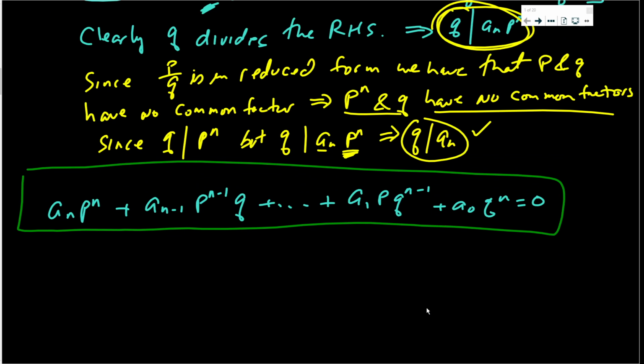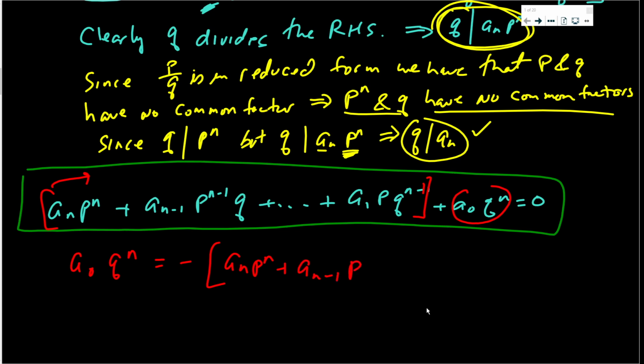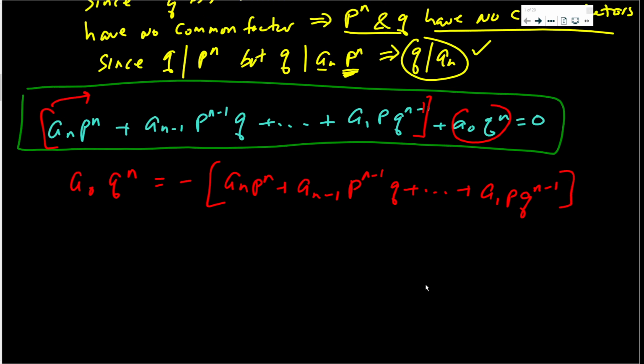This time, I want to solve for that term. That means everything else goes to the right-hand side. So a_0 q to the n is negative a_n p to the n, a_{n-1} p to the n minus 1 q, all the way down to a_1 p q to the n minus 1. Now we're going to reverse the game.